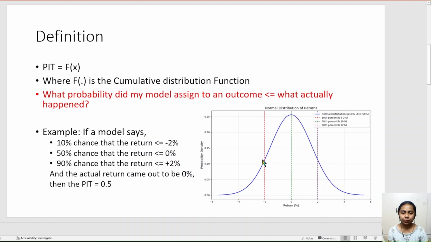Say, for example, for a confidence interval of 99%, a VAR checks the exceedances of the worst 1%. Whereas the PIT checks the actual outcomes at every quantile with respect to the model.